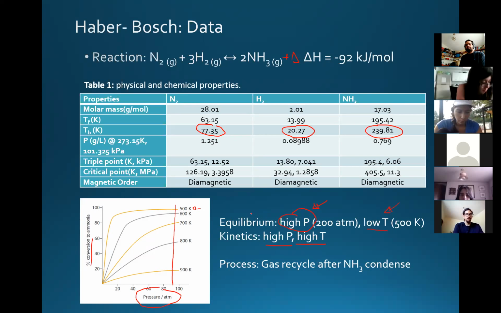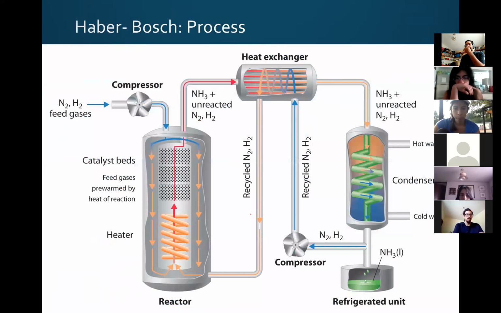In this case, the way we do it right now in new plants is to do something similar to this. What we have here is the reactor, this gigantic thing. We feed nitrogen and hydrogen gas, after processing to clean them up, and pass them through a compressor to raise the pressure.